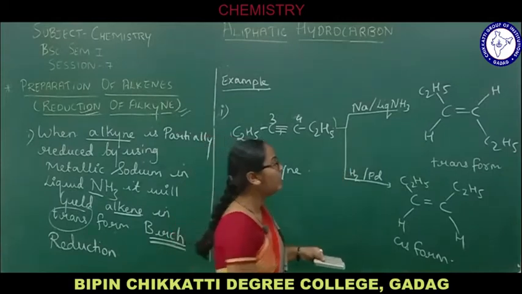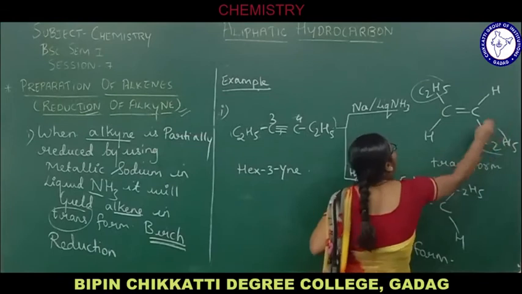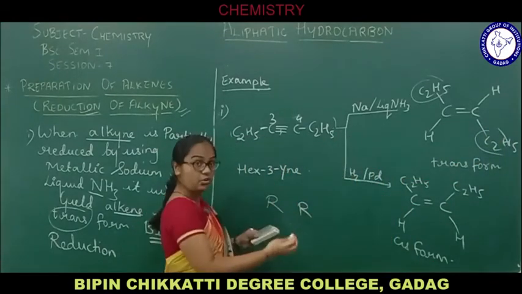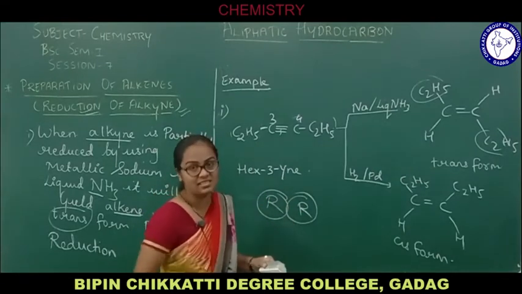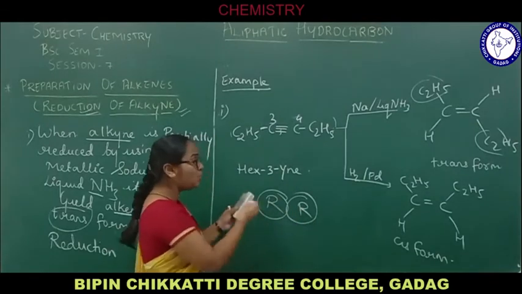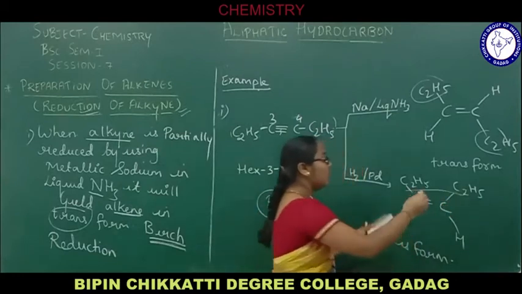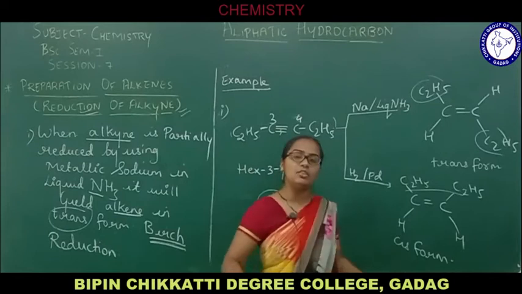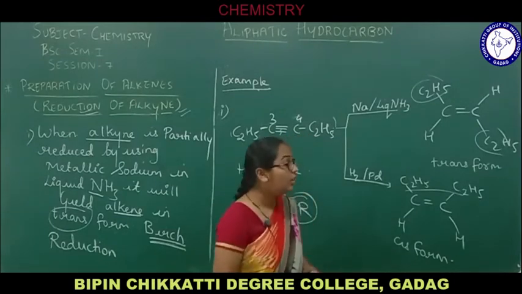If two bulky, heavy groups are present on the same side, there will be steric hindrance, because the space is less and they are trying to position themselves within that carbon-carbon bond on the same side. There will be hindrance between them and the molecule will not be that stable. So that is additional information.